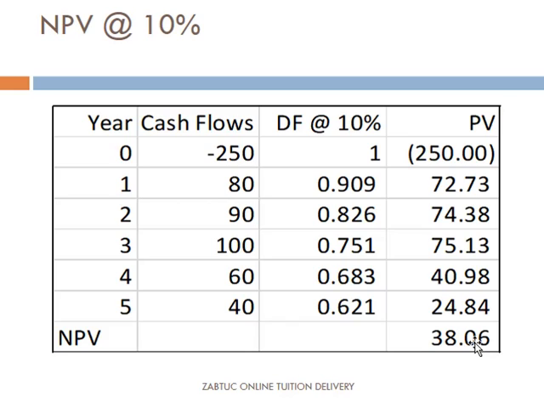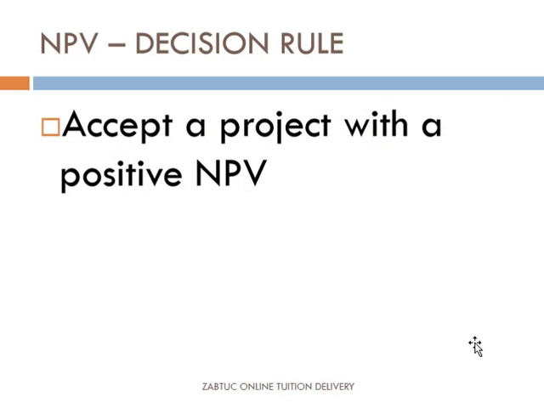So we have discounted our cash flows, incorporated the time value of money, and we have a positive NPV. What do you do with this NPV? The decision rule is to accept the project with a positive NPV. So this project we will take, because it's got a positive NPV.